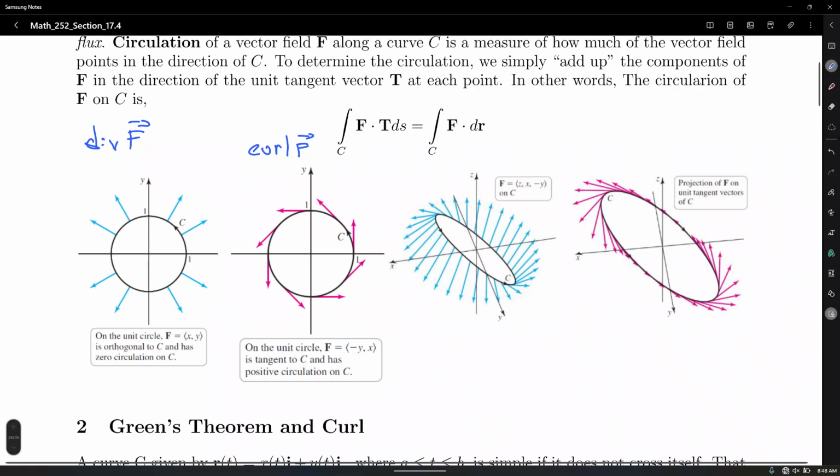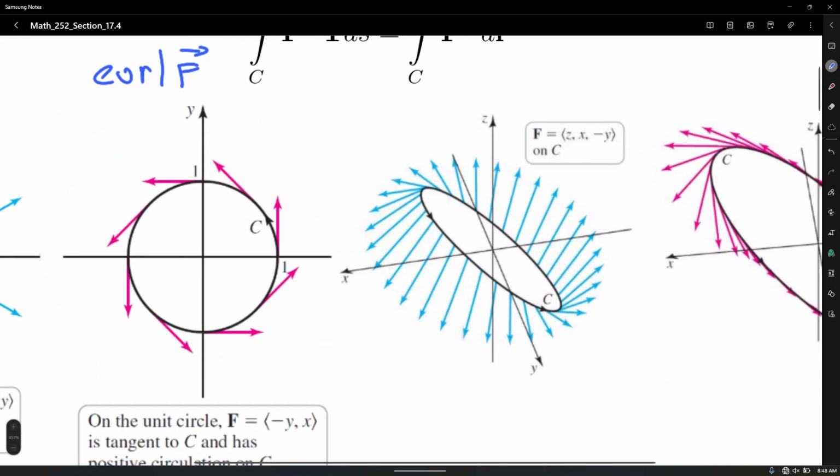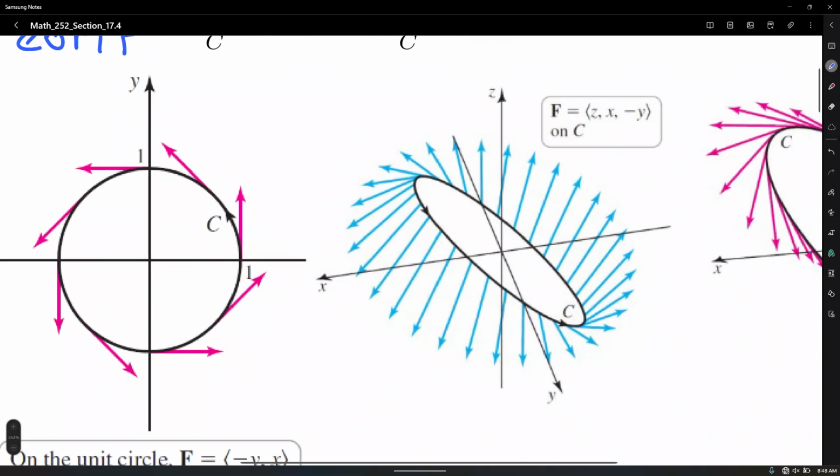Look at this picture right here. Let me zoom in so it's easy to see. Do you see all these vectors coming out of the closed curve? Let's focus on one of these vectors.